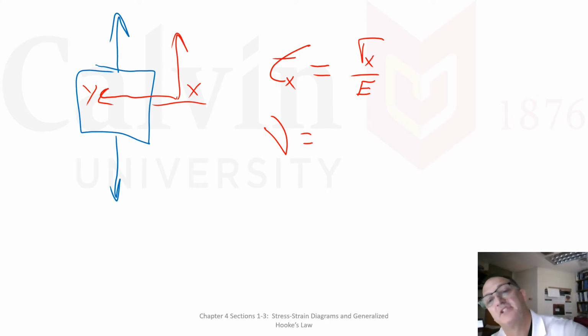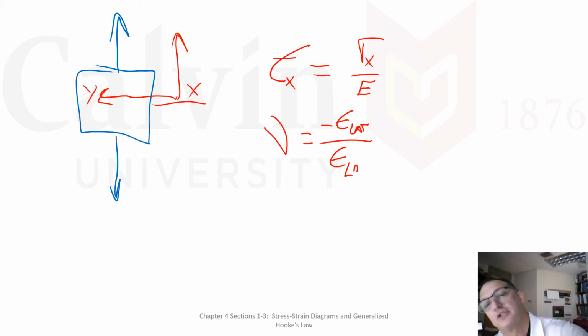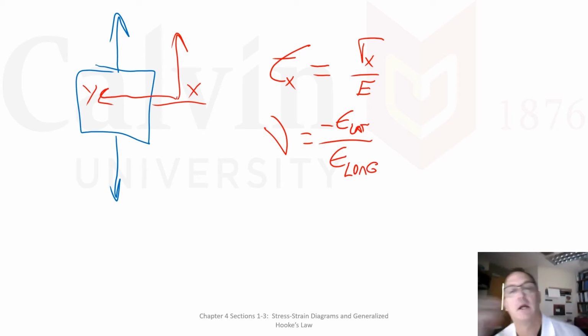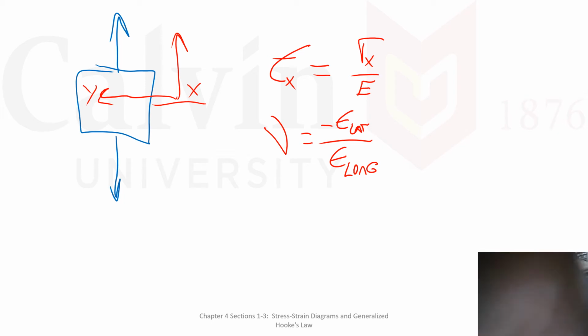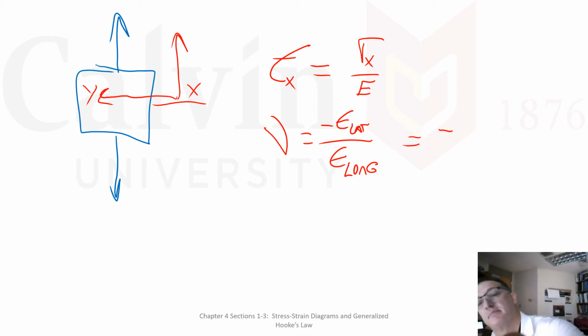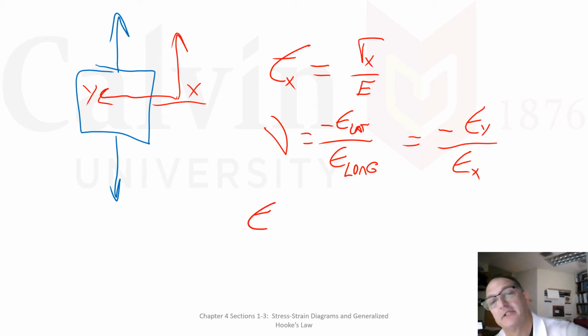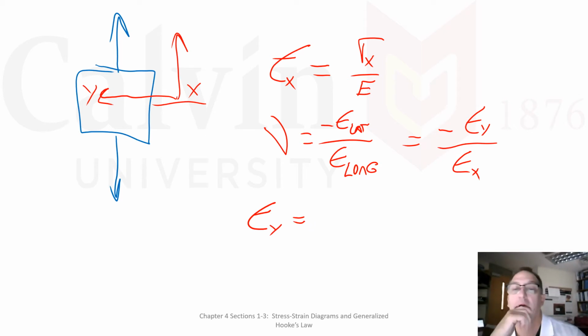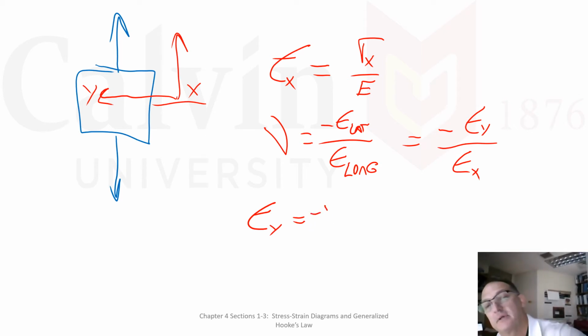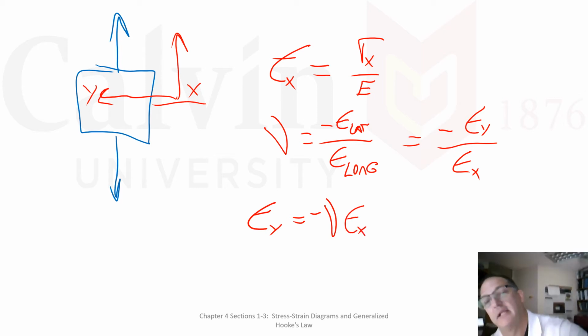Remember, Poisson's ratio is equal to minus the strain in the lateral divided by the longitudinal. All right. And so the strain in the lateral, I'm going to rewrite as minus the strain in the Y direction divided by the strain in the X direction. And so now if I want to figure out what the strain in the Y direction is, well, that's going to be equal to minus Poisson times the strain in the X direction.